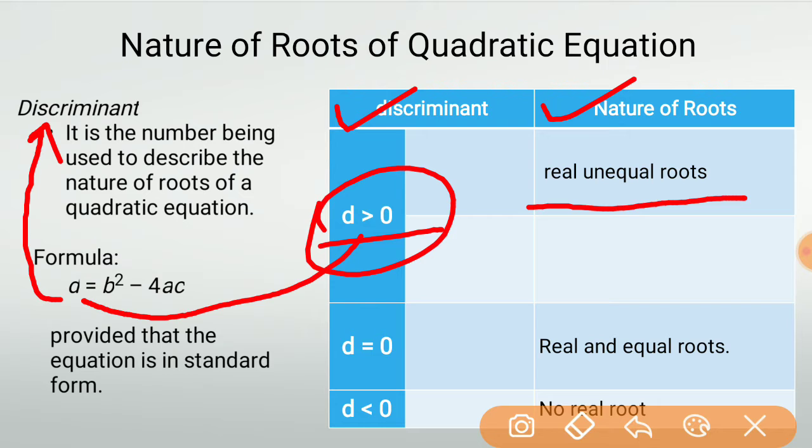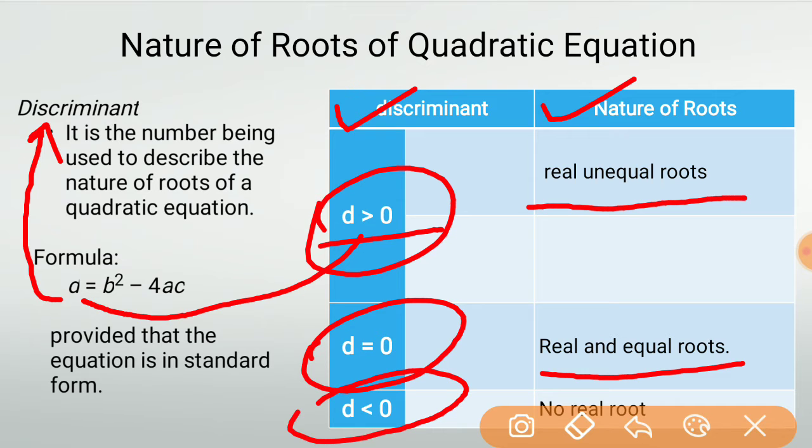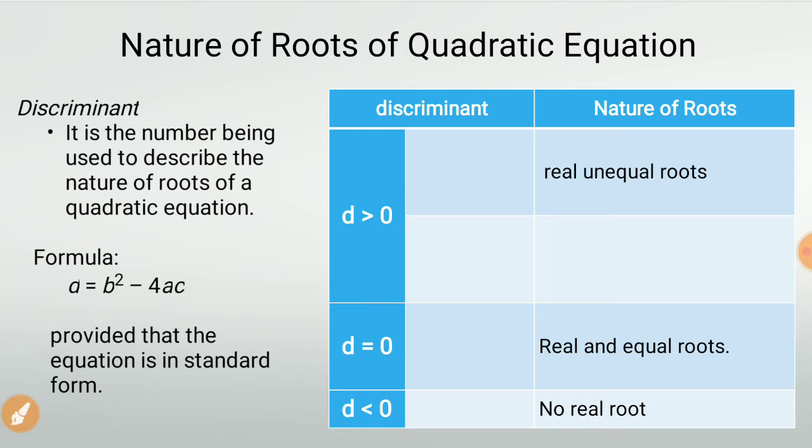If the value of this D is equal to 0, then the nature of the root is real and equal. And if your D, that is discriminant, is less than 0, then the equation has no real root, your last one.